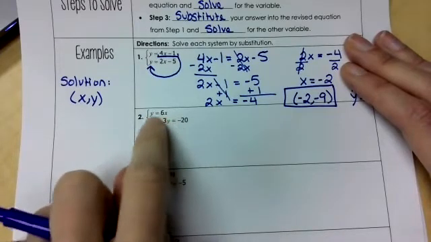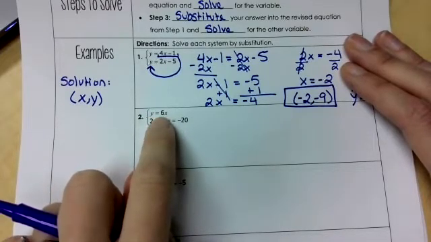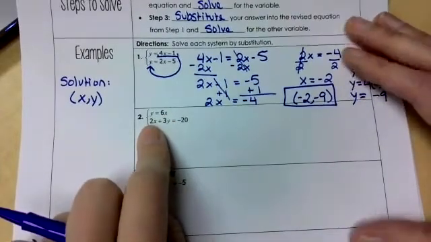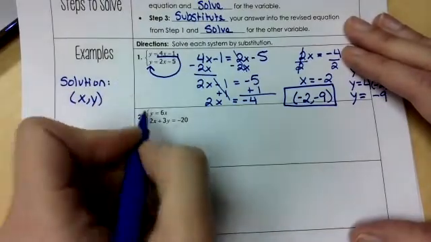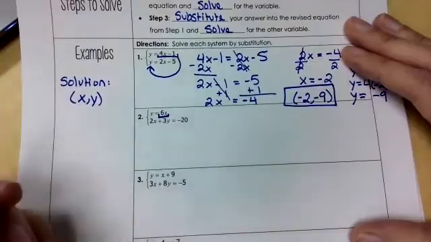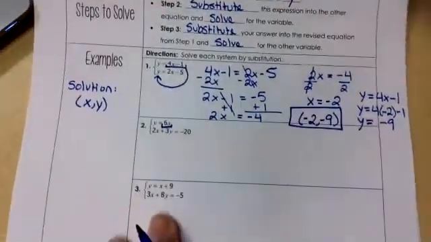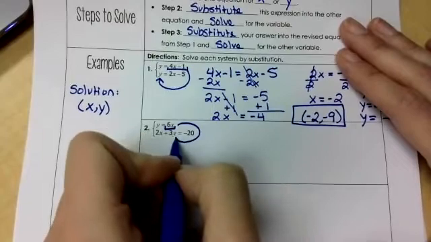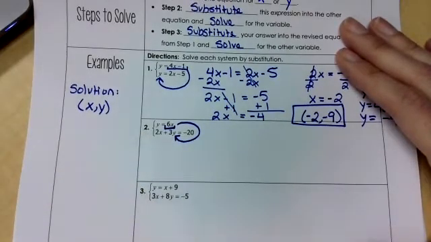So that's awesome. That's the best case scenario. So I can move on to step two. I don't have to solve for it. It's already solved for. Step two is substitute. So if y equals 6x, I'm going to take 6x and plug it into y in the second equation.